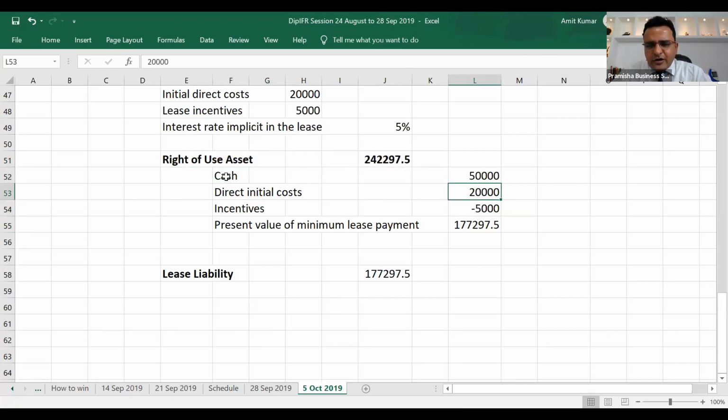This is also gone out in the form of cash, 20 reduced by 5. Present value of minimum lease payments, again a credit balance of 177,297. So if we are recording a debit of this, we are recording a credit of present value of lease payments, credit and debit.